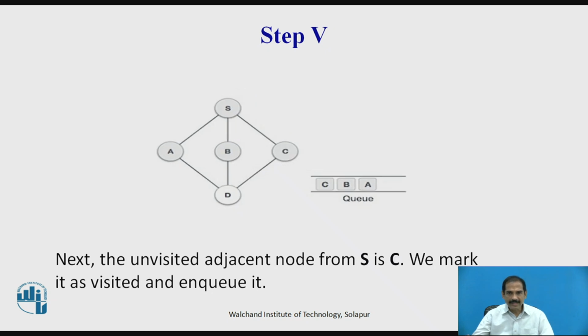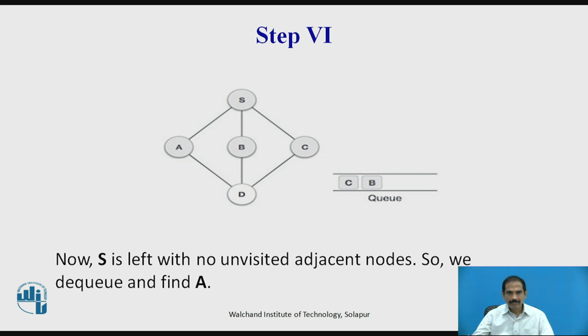Next, the unvisited adjacent node from S is C. So we mark it as visited and enqueue it. So now our queue has first A, followed by B, then followed by C.